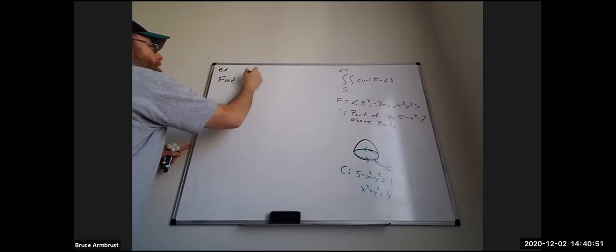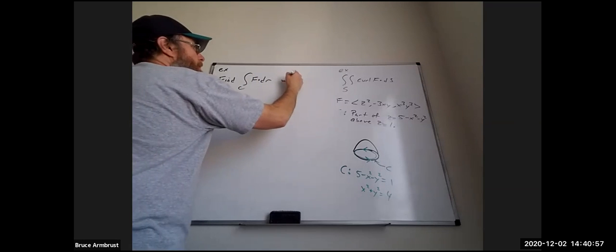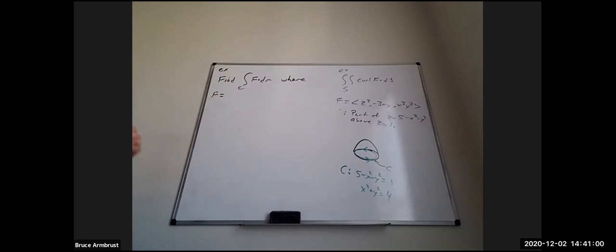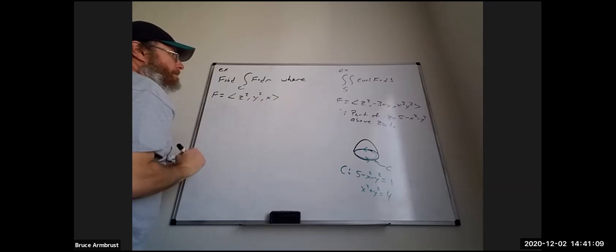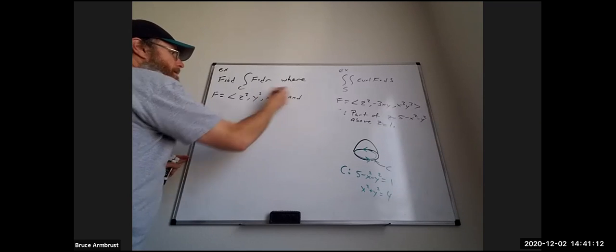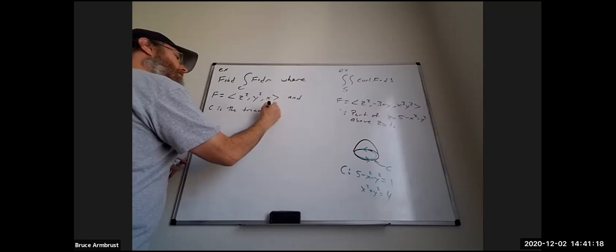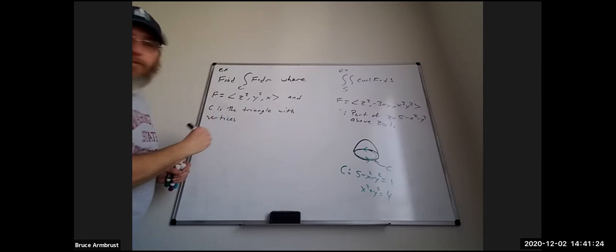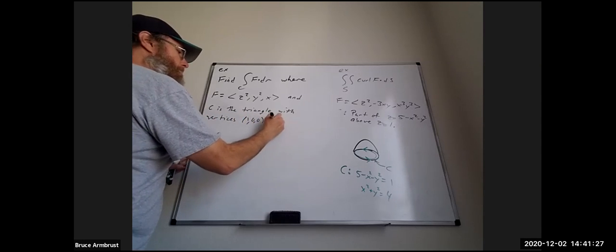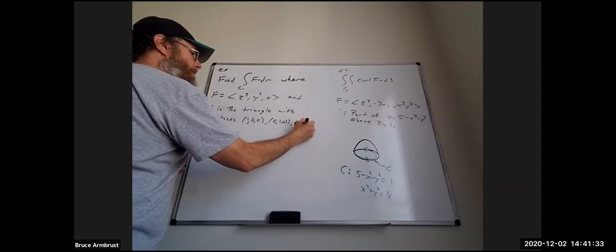We're going to find the integral of F dotted with dr, where F is given by z squared, y squared, x, and C is the triangle with vertices 1, 0, 0, 0, 1, 0, and 0, 0, 1.